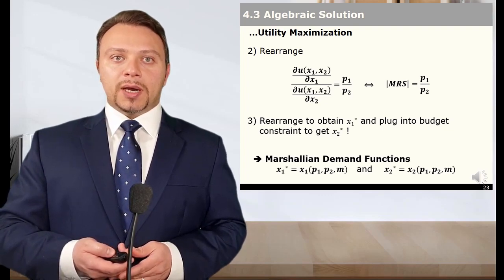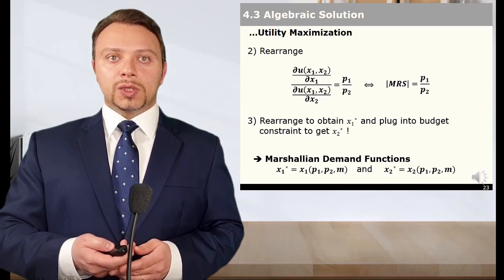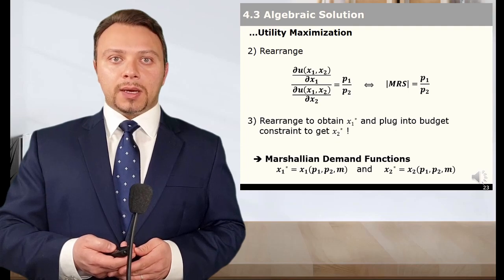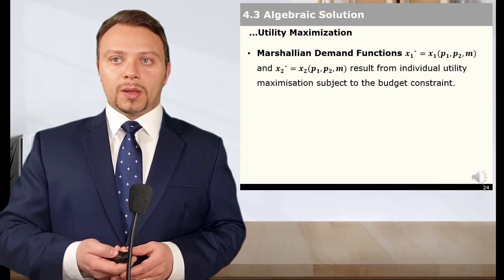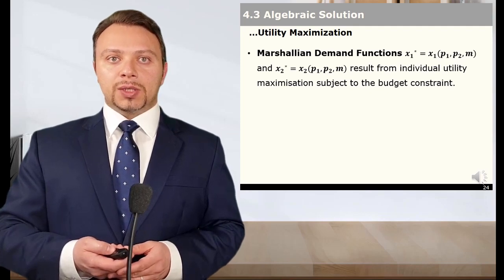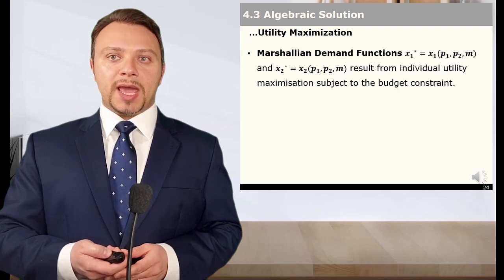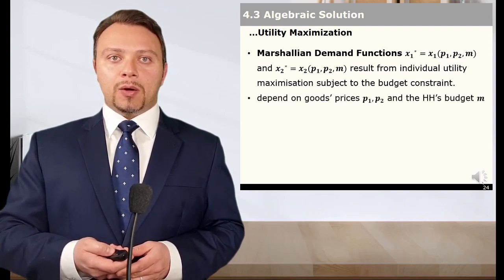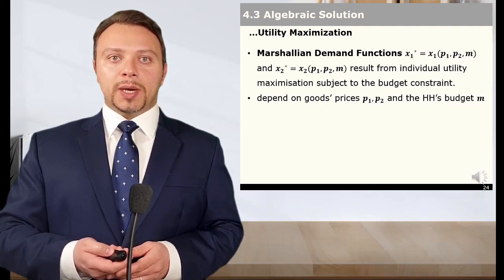The Marshallian demand functions give us the optimal amount of the two goods depending on the prices and the income of the household. Marshallian demand functions result from a household's utility maximizing behavior subject to a budget constraint. They always depend on the goods prices p1, p2, and on the household's budget m.